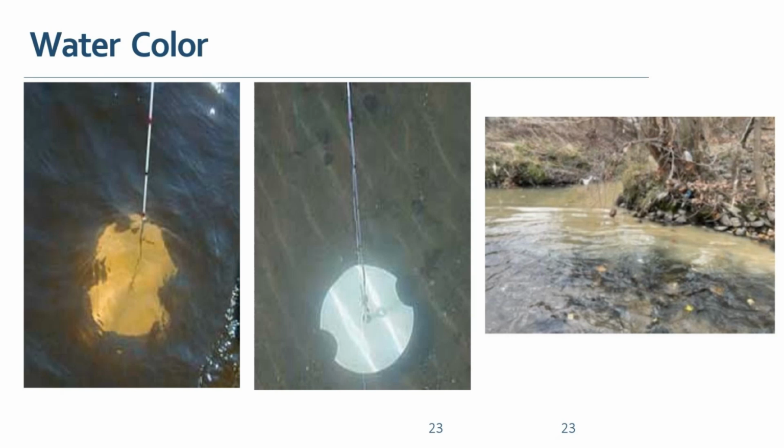Water color, typically it's clear, but in some cases maybe there's a color, maybe it's green or brownish, especially if you're in South Jersey and the Pinelands. The picture on the left shows sort of a tea color to the water, and that's natural for that area. So sometimes color can be natural, but you'll record that on the sheet.